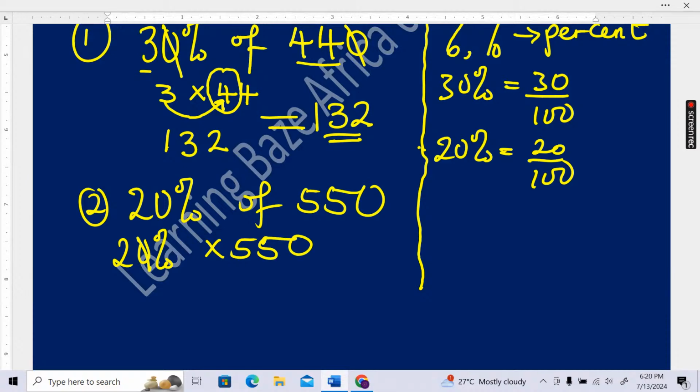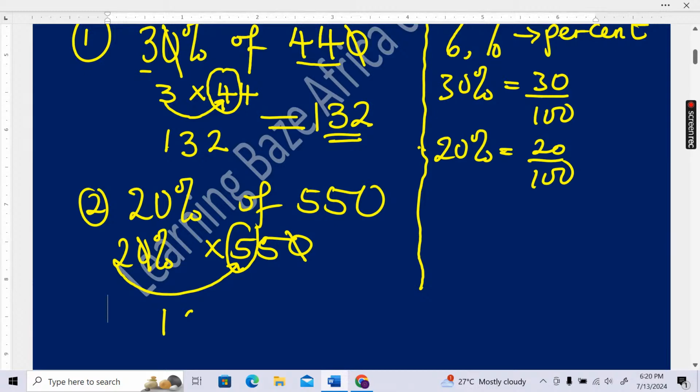So 0 will cancel 0, and I say kill the zeros. Now, after killing the zeros, what will be the next thing that you need to do? Multiply 2 by one of the digits. One of the digits is 5. 2 times 5 will give us 10.